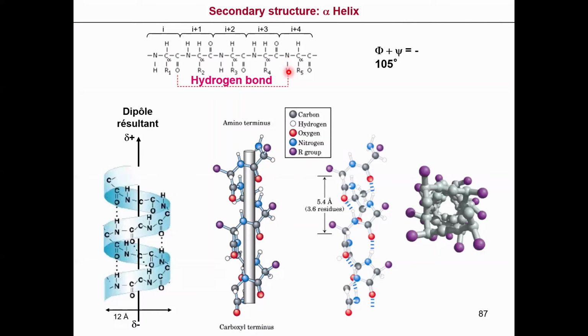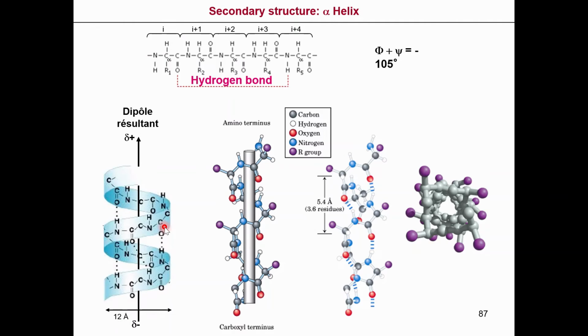Okay. So this alpha helix is a rod-like structure because you have, for each amino acid, the hydrogen bond between the CO and the NH. And what you should know about this alpha helix.